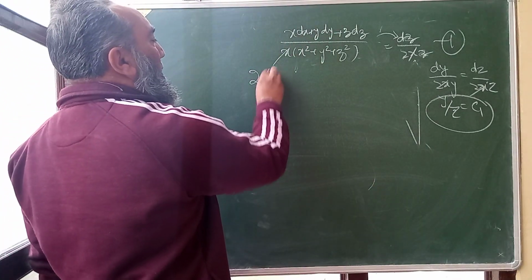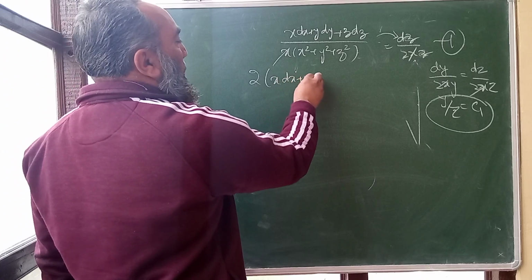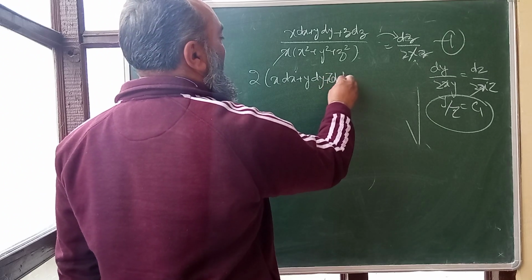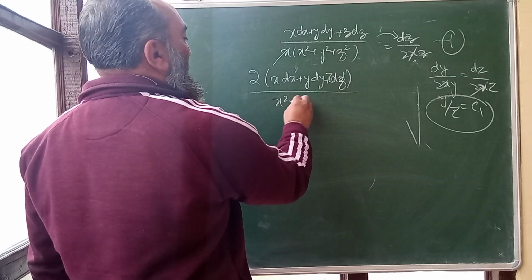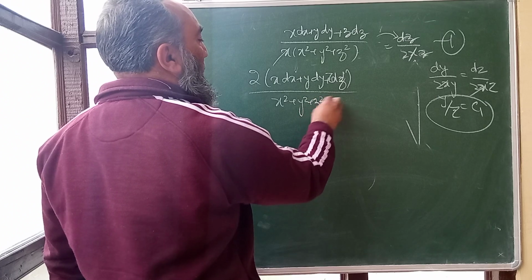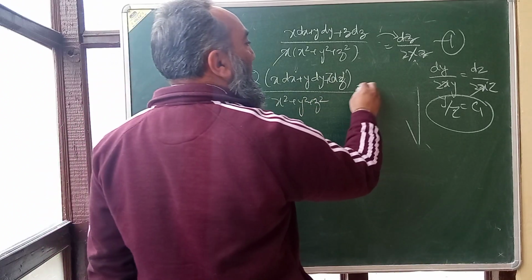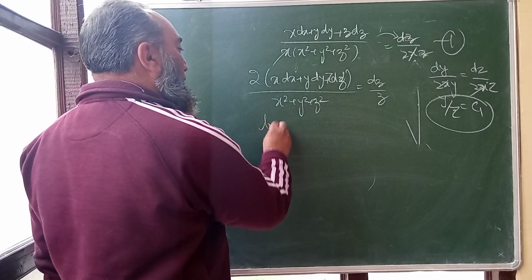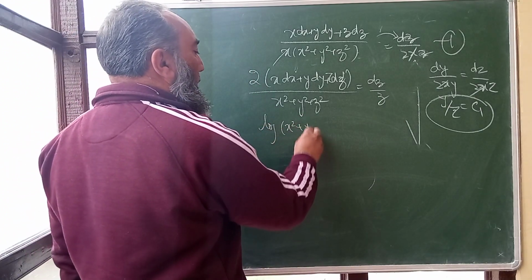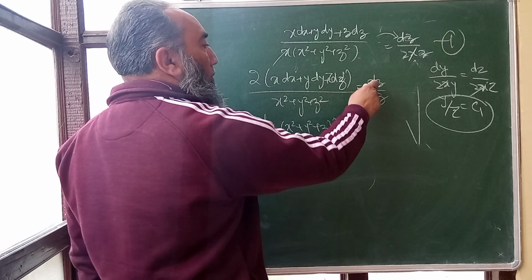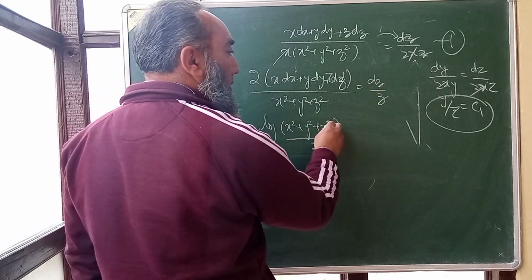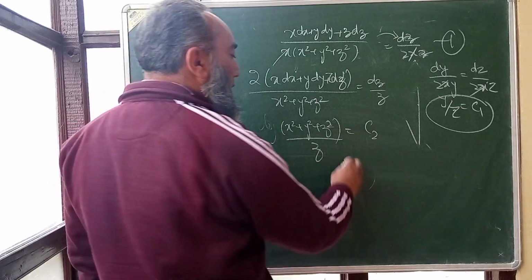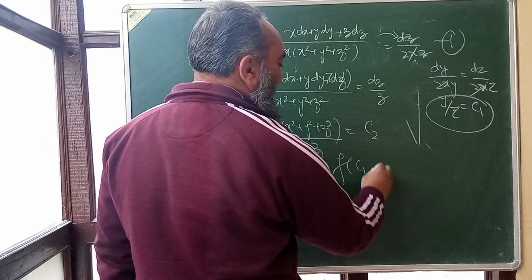This is twice x dx, y dy, z dz over x square plus y square plus z square. See, the numerator is an exact differential of the denominator, equal to dz upon z. So the solution is log of (x square plus y square plus z square) minus log z equal to log of c2. So the logs cancel out, this is c2. The solution is a function of c1 comma c2 equals 0.